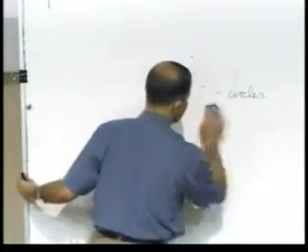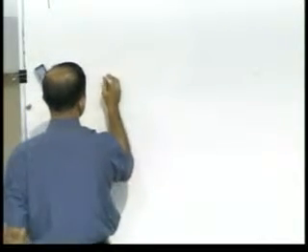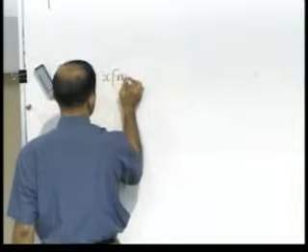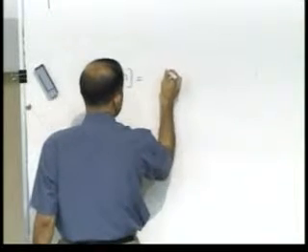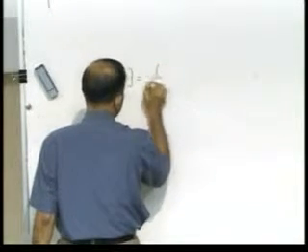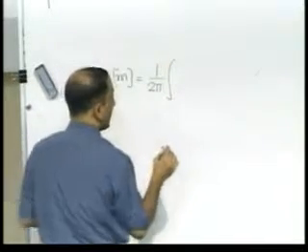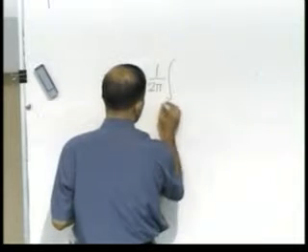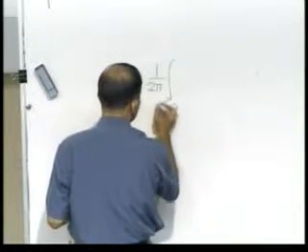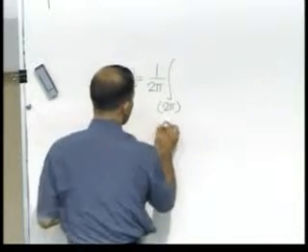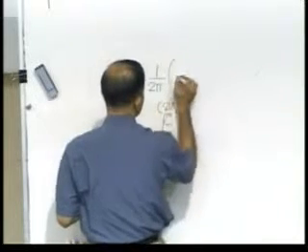What is inverse DTFT? It tells you that X[m] is 1 by 2 pi integral. Now, I'll write integral over 2 pi, which I'll say is an integral over the contour C. I'll explain what I mean by that.